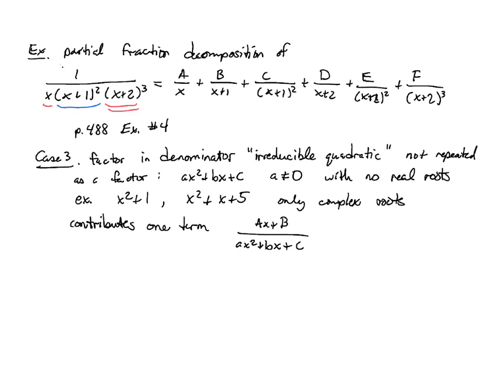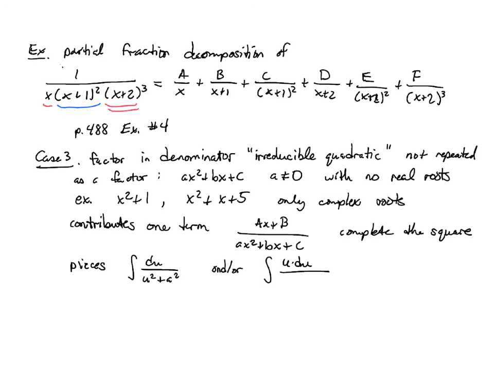And the point is that, again, if we want to integrate something like that, we can complete the square and then split it into pieces that will be of the form antiderivative of du over u squared plus a squared, and antiderivative of u times du over u squared plus a squared.